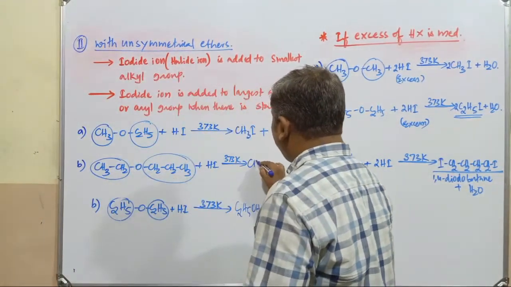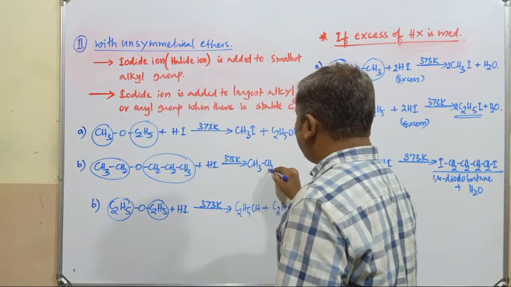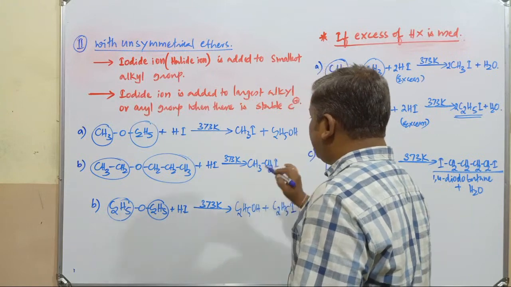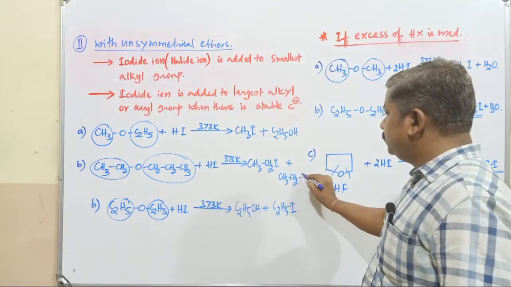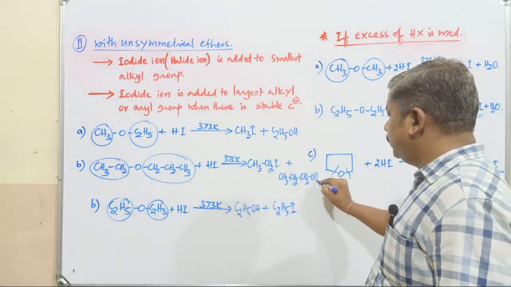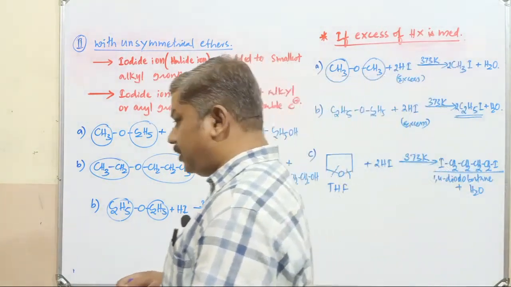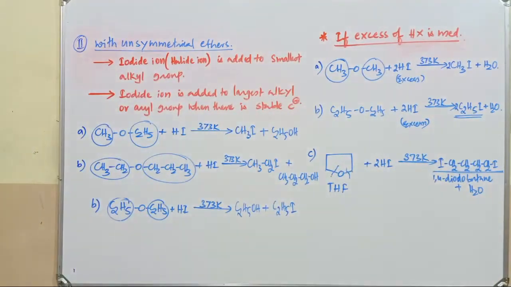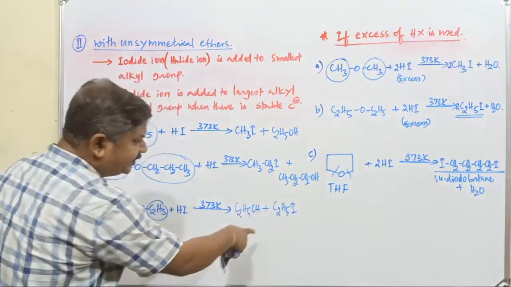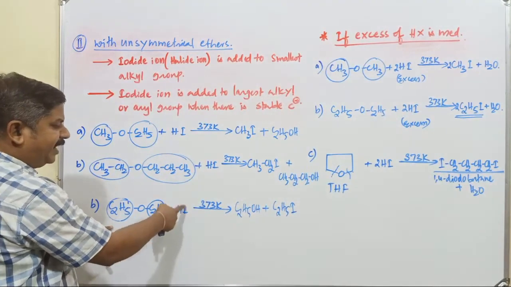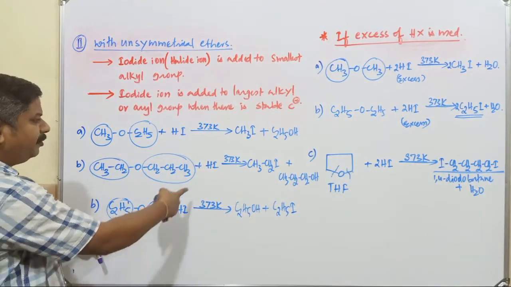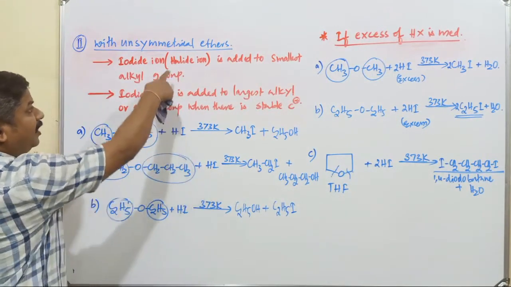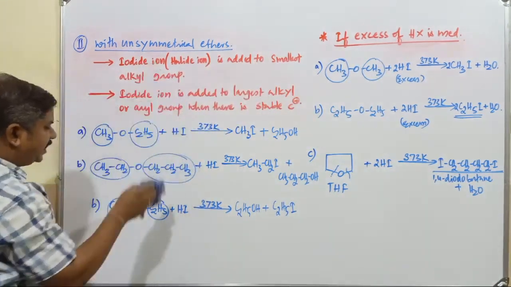Naturally, iodide is added to that ethyl group, plus another compound, CH3CH2CH2OH. So formation of one alkyl iodide and the respective alcohol takes place. In the symmetrical case, addition takes place on any one of the groups, but here iodide is added to the smaller alkyl group.